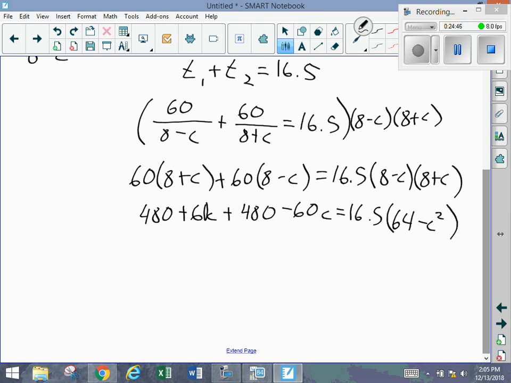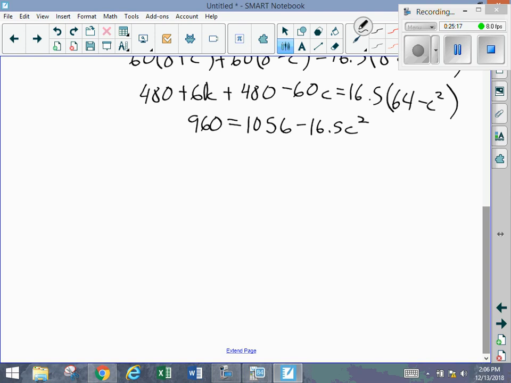Now these 60c's are going to cancel, right? 480 plus 480 is 960. And then I'm going to distribute this 16.5. 16.5 times 64 is 1,056 minus 16.5c squared.